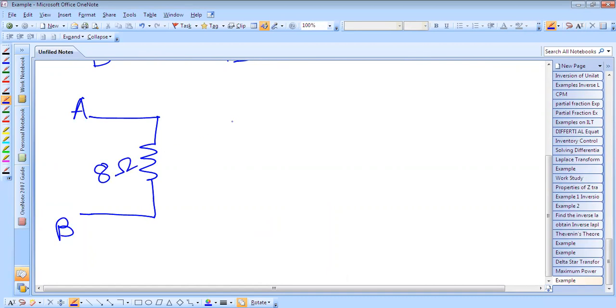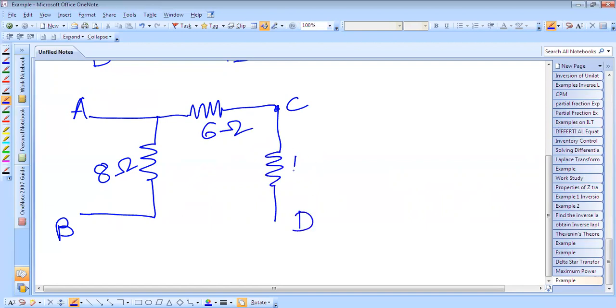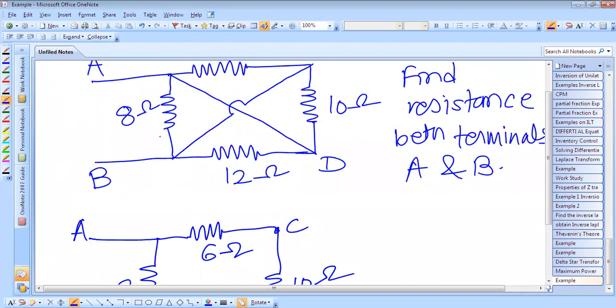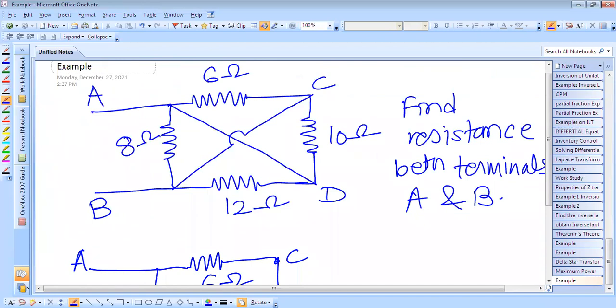This is 8 ohm, and between the A and C terminals the resistance is 6 ohm, and between C and D it is a 10 ohm resistor, and between this it is a 12 ohm resistor.